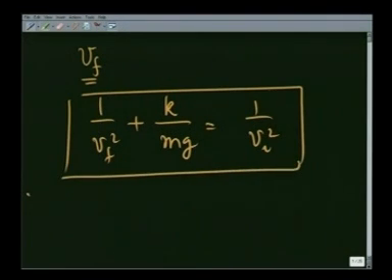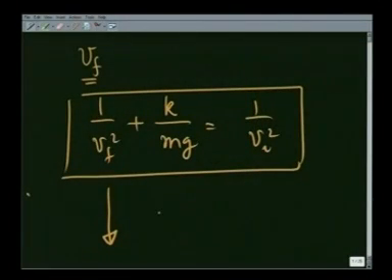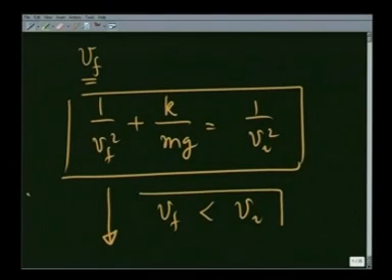A word of caution though: when considering the motion of the particle coming down, you should take proper account of the force of friction. The force of friction changes direction, and as shown in one of the previous slides, you have to change the sign of the force. V final of course is going to be smaller than V initial, because in this friction the particle has lost energy.